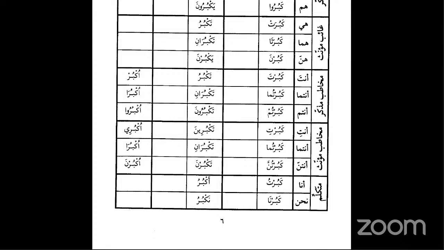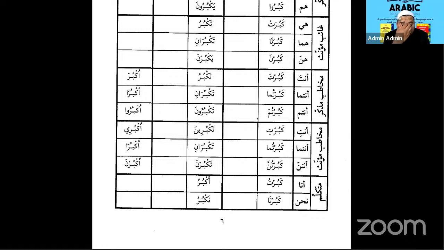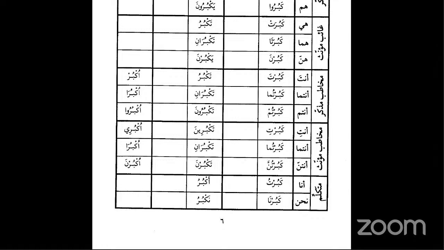Ukbur: the ra will get a sukun, the ta will be removed, and alif with dhamma will be there.